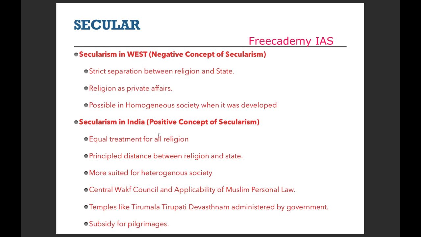In India, there is a different kind of secularism. In India, the government does interfere in religious matters, but there is equal treatment for all religions. But this equal treatment also has a different meaning. It is called principled distance. Principled distance means that it may appear to you that in some instance the government is favoring one vis-a-vis the other.